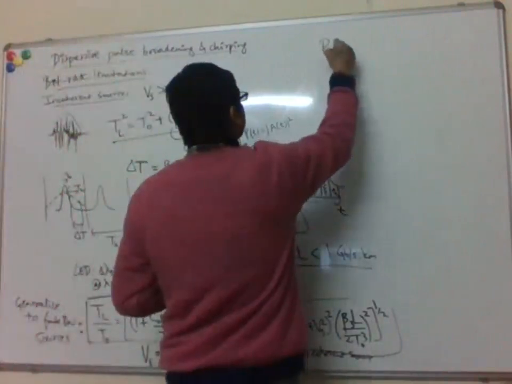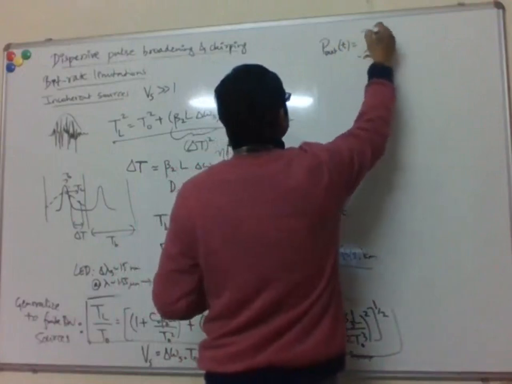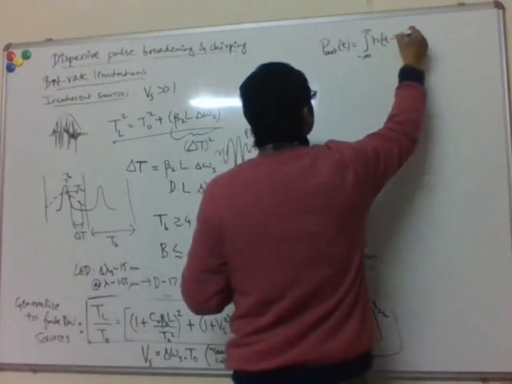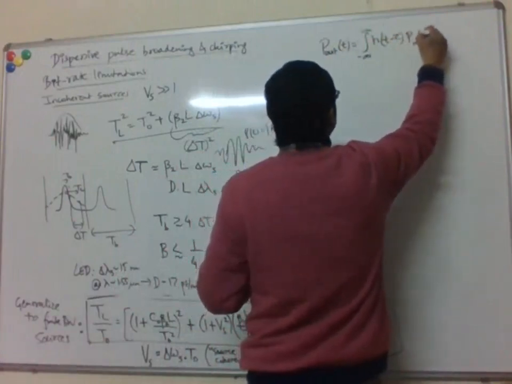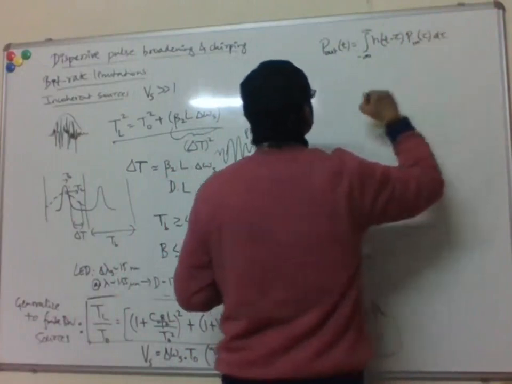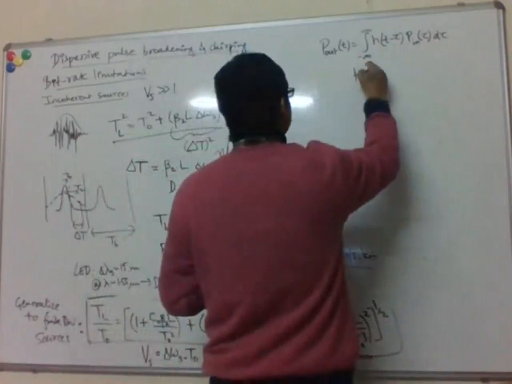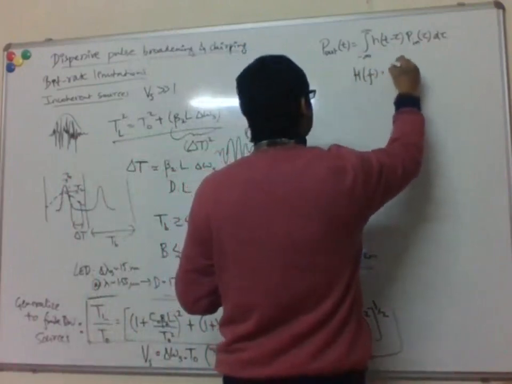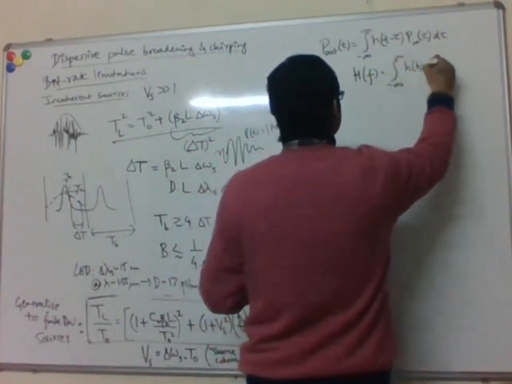Basically, the output pulse you can write as a convolution of the fiber impulse response and the input pulse, and this fiber filter function is the Fourier transform of this impulse response.